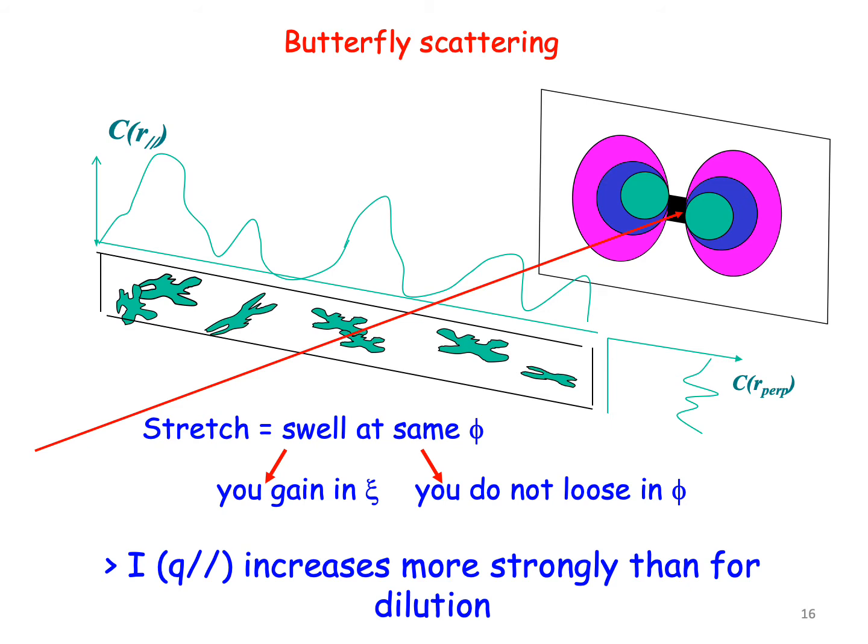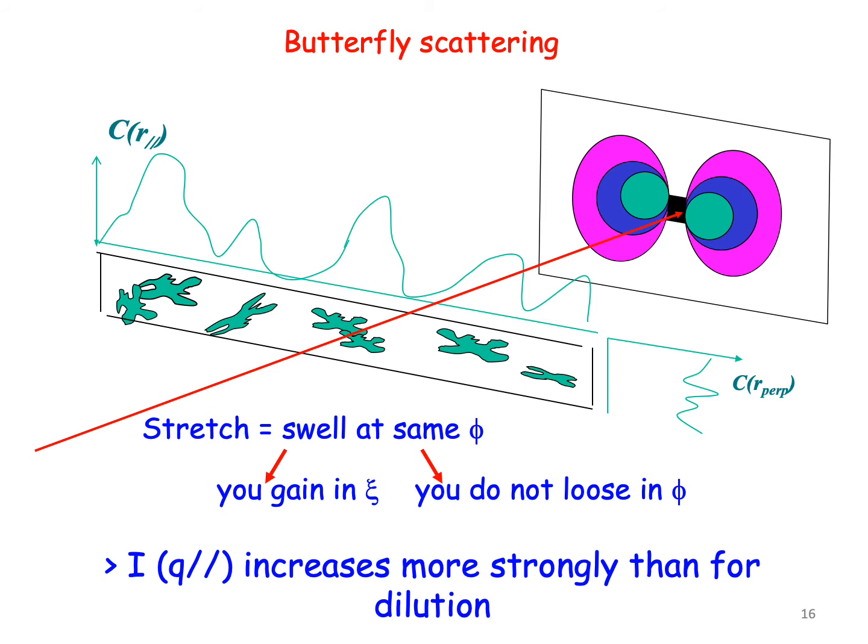So one can remark here that stretching is equivalent to swelling, but at the same concentration. So you gain in correlation length, but you don't lose in concentration. So the intensity along the stretching direction increases more strongly than for dilution.